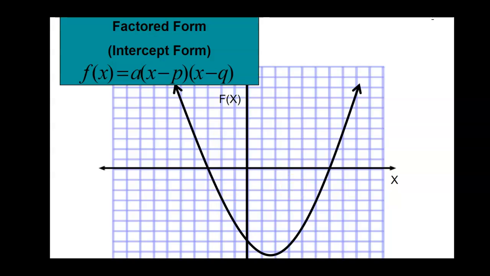All right, sometimes your equation can be factored right away, and they give that a name. It's factored or intercept form. Does anybody know why the factored form would also be called intercept form? Why would they name it that? Taylor? Because you can solve the x-intercepts directly. Yeah.